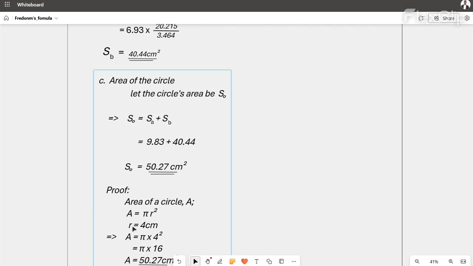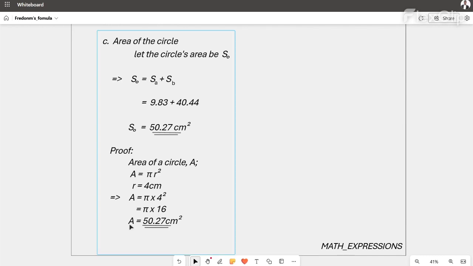From the diagram, the radius of the circle, R, is equal to 4 centimeter. This implies the area of a circle is equal to pi times 4 square, which is pi times 16. At the end, we get the area of the circle, A, is equal to 50.27 centimeter square.